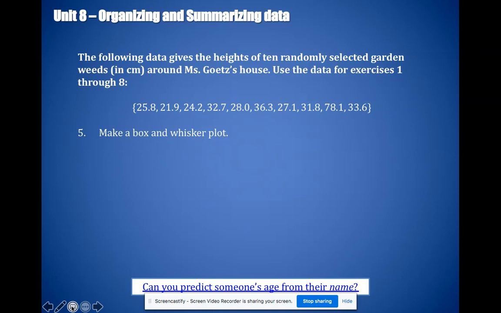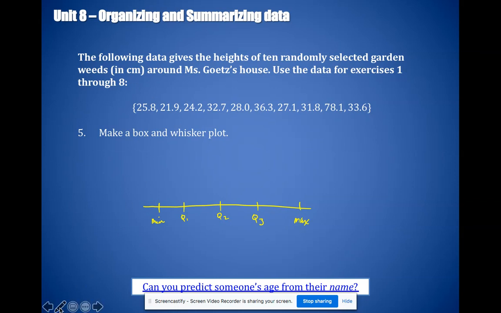If I ask you just to make a box and whiskers plot, what I'm asking you to do is make a horizontal scale, put your minimum here, put your maximum here, and then tell me where Q1, Q2, and Q3 are.